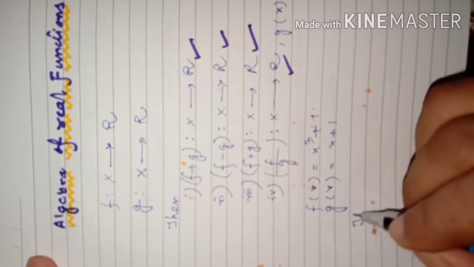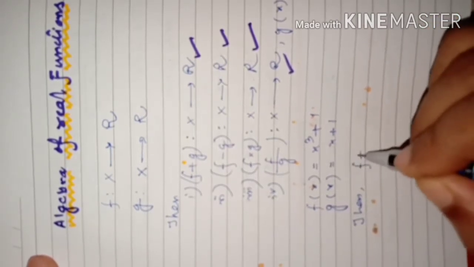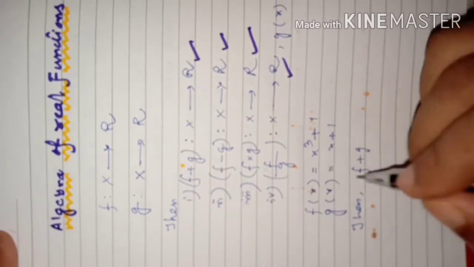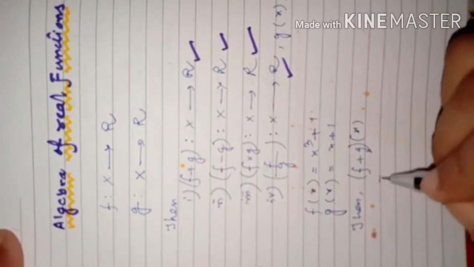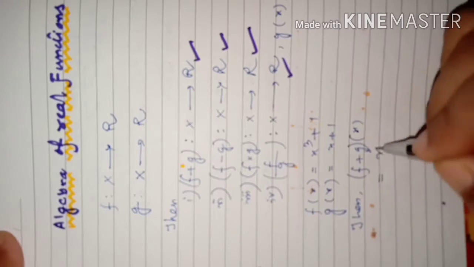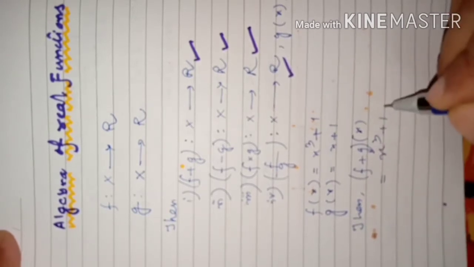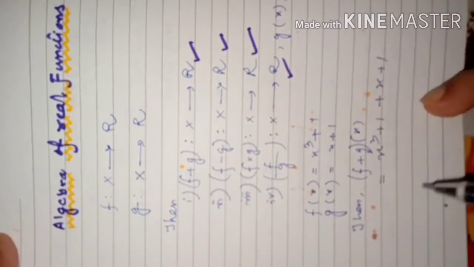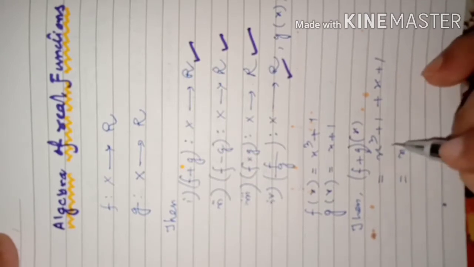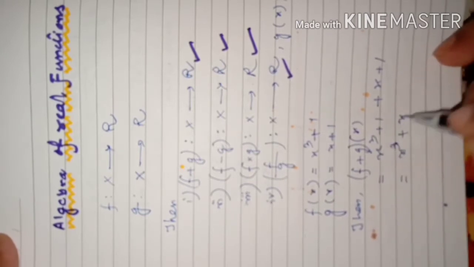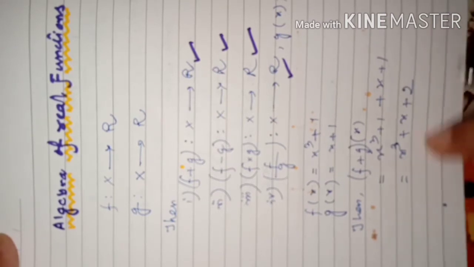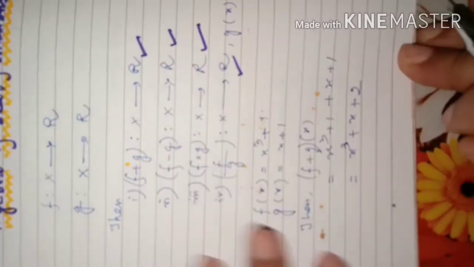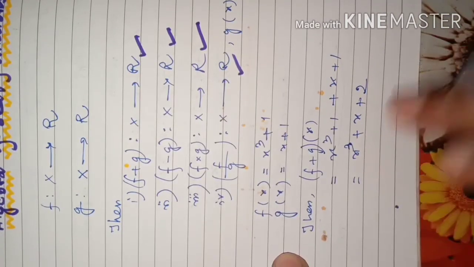Then what is f plus z? Actually, f plus z of x is adding these two functions. The new function that you will get: x cube plus 1 you add with x plus 1, then you will get x cube plus x plus 2. So this is a new function, and that is the f plus z function. Okay, students?